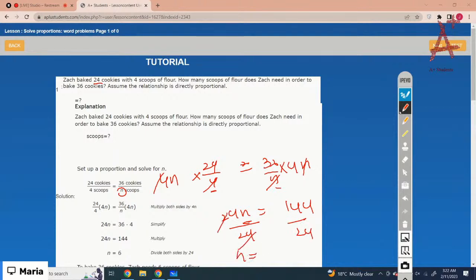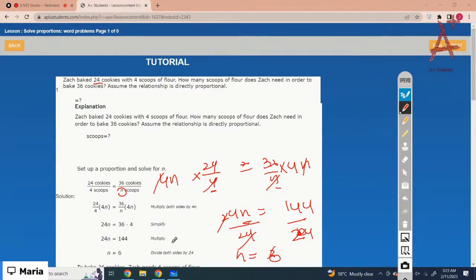So we are left with n here, and 144 divided by 24 is 6.